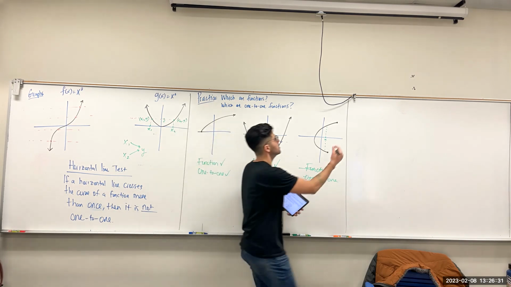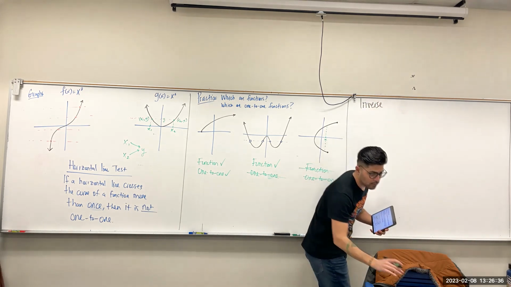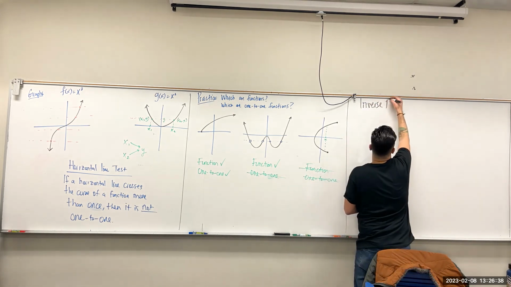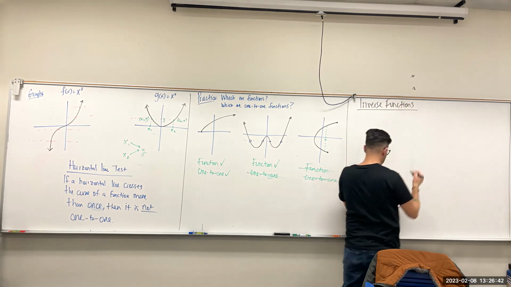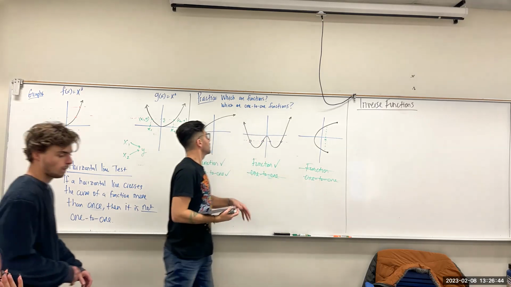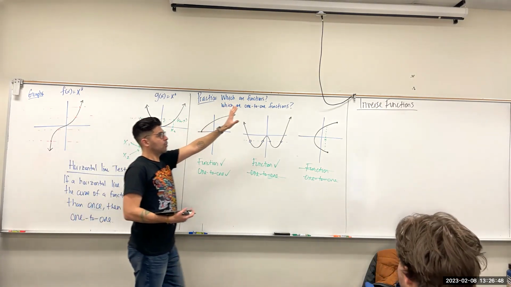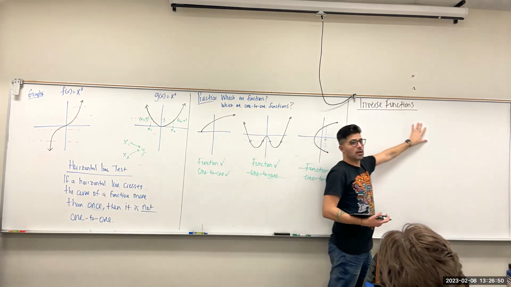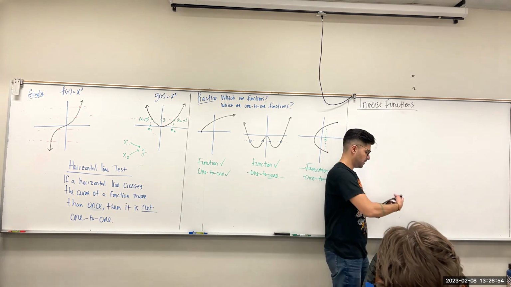So, inverse functions. Okay, so now that we have an understanding of what a one-to-one function is, what we're going to do now is assume everything we're dealing with is a one-to-one function.